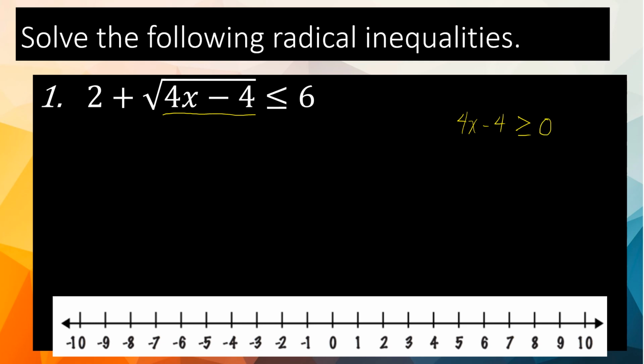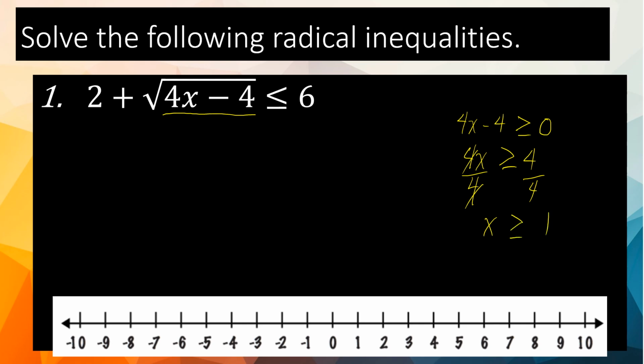So let us solve for the x that would make your radicand greater than or equal to 0. So let's transpose negative 4 to the other side, so this will become positive 4. Divide both sides by 4. So we have x is greater than or equal to 1.